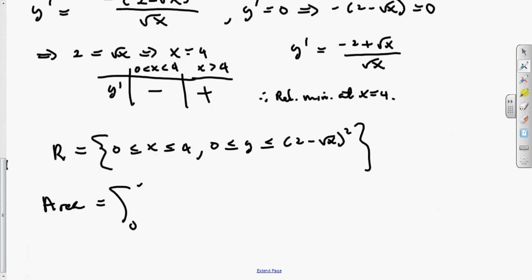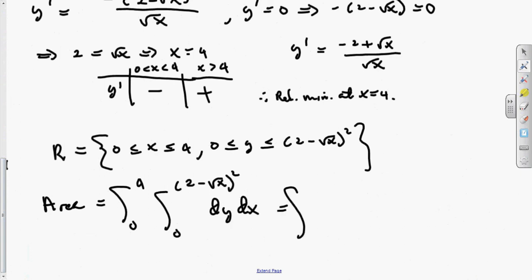This is the integral from 0 to 4, then the integral from 0 to 2 minus the square root of x, all squared, and this is dy dx. So integrate with respect to y, we get y evaluated from 0 to 2 minus the square root of x, squared, dx on the outside.